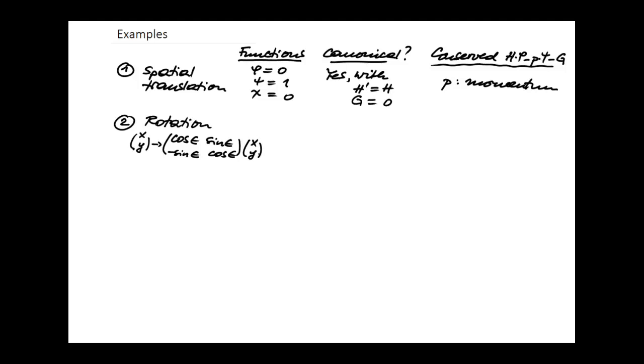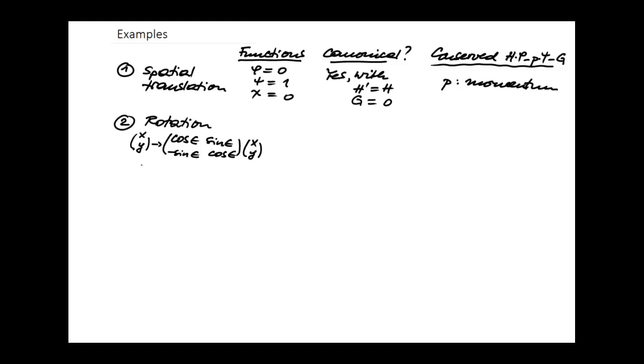When we rotate position coordinates, then we also have a resultant rotation of the momentum components. That's also an exercise that you did in one of the problem sets: when you have a transformation in configuration space, then you have a resultant transformation also of the momentum coordinates.